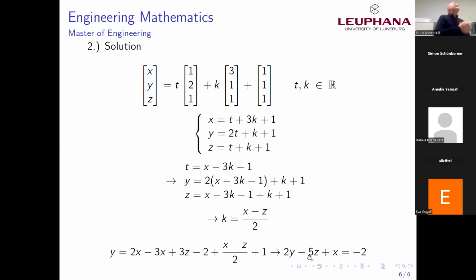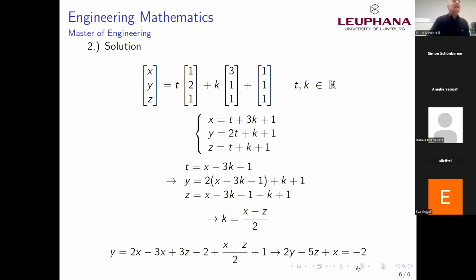We demonstrated that this vector is orthogonal to the set of points of the plane, or the plane, let's say. The plane is the set. Saying the set of the points of the plane is a little bit redundant, but makes sense nevertheless.